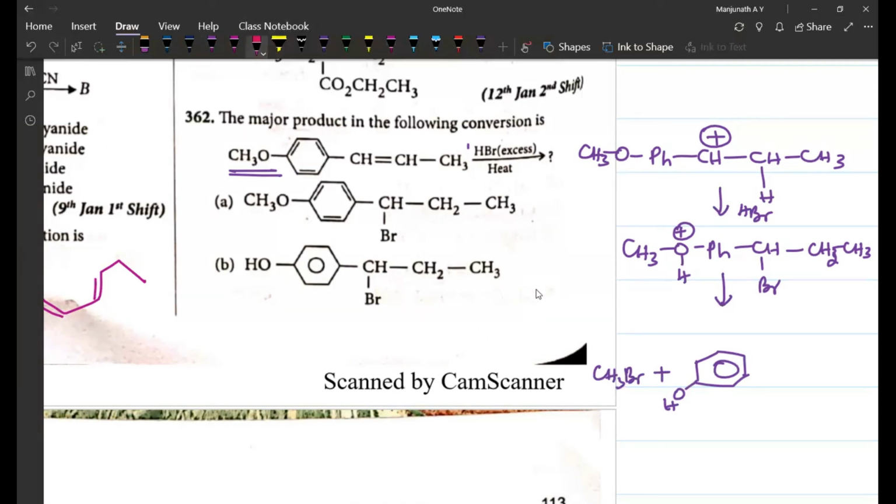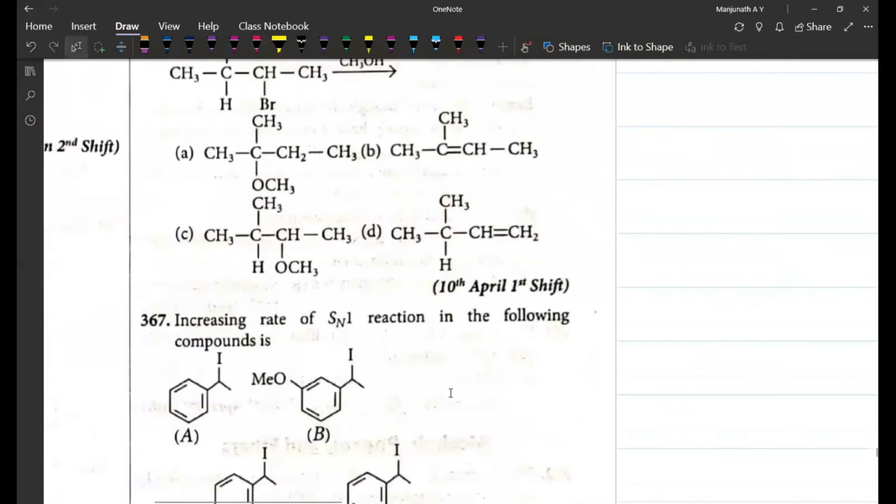If you are aware, this bond cannot break because of the benzene ring. So it will become phenol, CHBr, CH2, CH3. So which is the option there? You have to see the options actually. It's B. Yeah, option B is there, no? It is the answer. Okay. Next question.